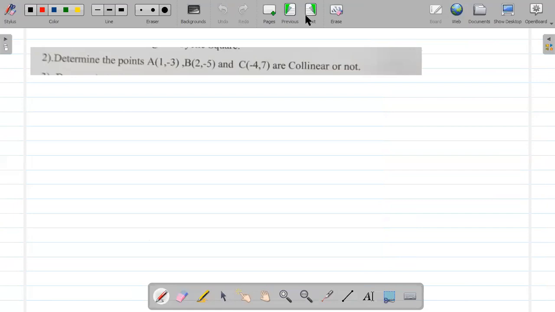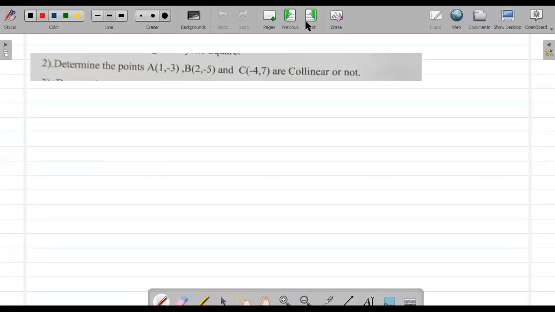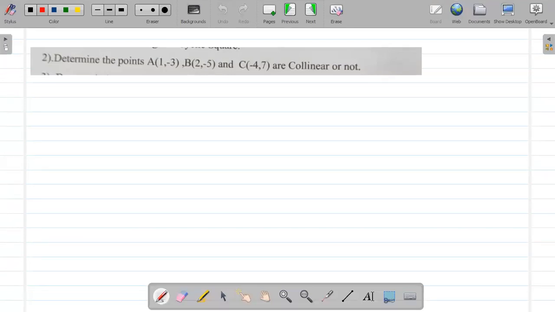Coming to the next question, determine whether the points are collinear or not. So to solve this, we need to find the distances between the points, AB, BC and AC. And then we check if adding any two sides gives us the third side. If that happens, then we say that yes, the points are collinear.